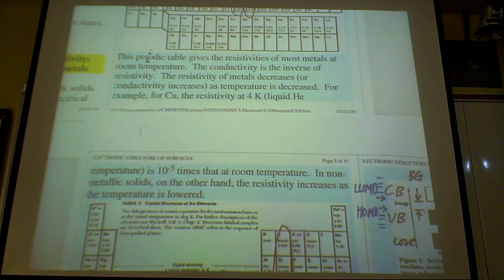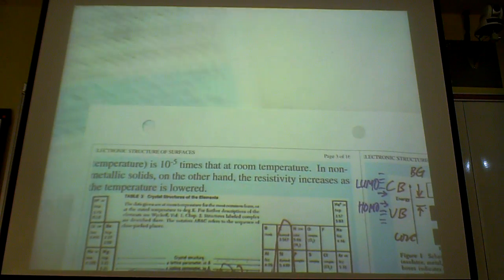When you cool, the resistivity goes up, and you become less conducting as you lower the temperature. So only for metal, when you cool, conductivity goes up. The non-metallic ones behave in the opposite way.